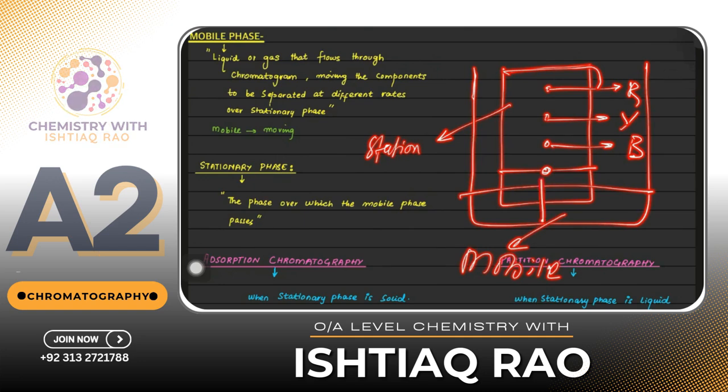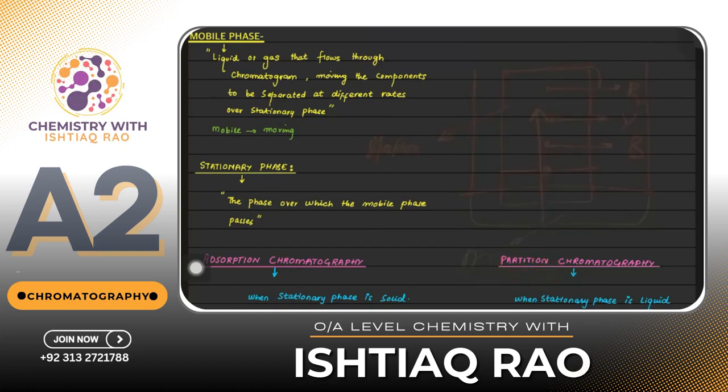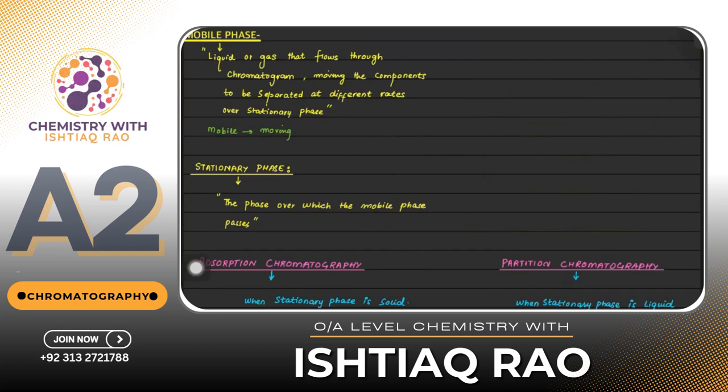When the water goes up like that, the sample is separated into different components. That's what we do in chromatography, right? So you need to know the difference between mobile phase and stationary phase.